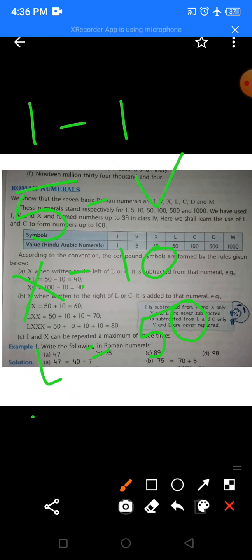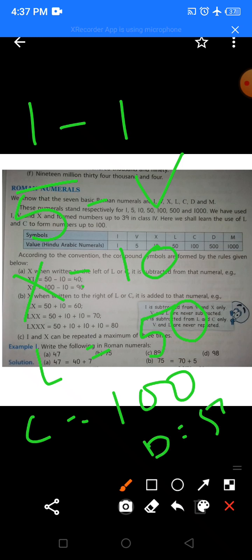This is 100, written as C. Then you have 500 as D and then you have 1000 as M. Okay. These are 7 basic Roman numerals.